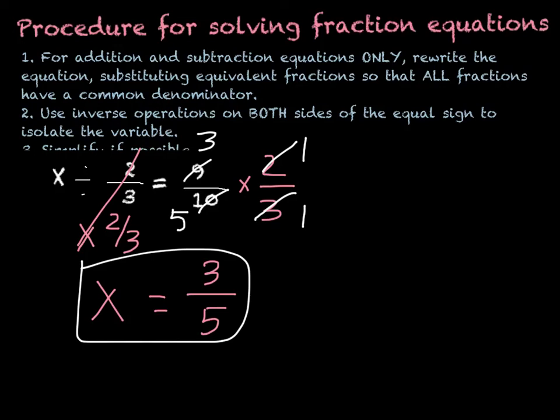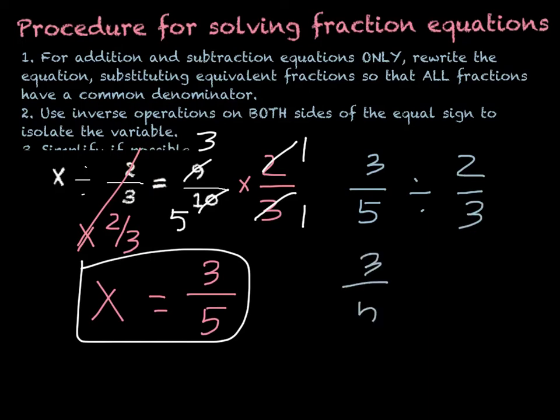So let's see how this works when I check my answer out. When I substitute back into my original equation, instead of this x here, I'm going to write my answer of x equals 3/5. So I have 3/5 divided by, and then back from this question I had 2/3. So I'm going to put 2/3. Now to actually solve 3/5 divided by 2/3, I'm going to have to flip it.